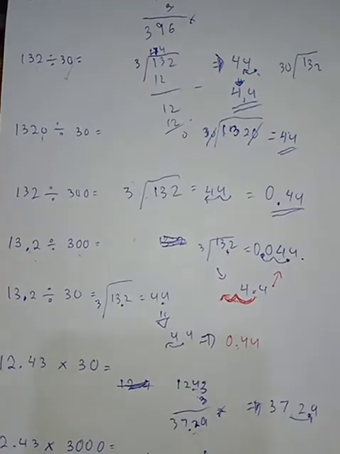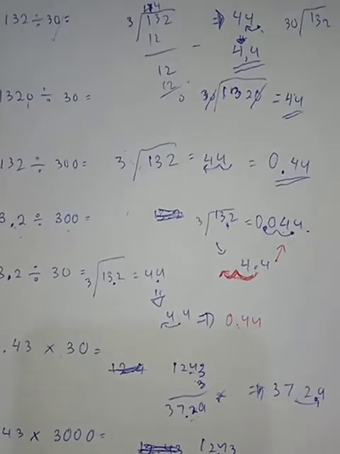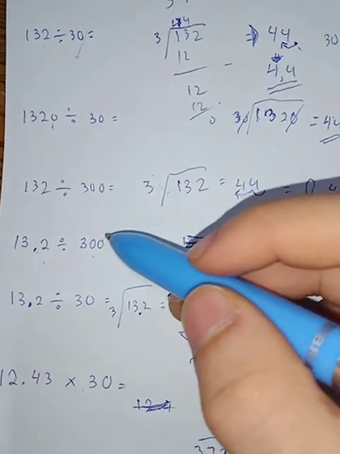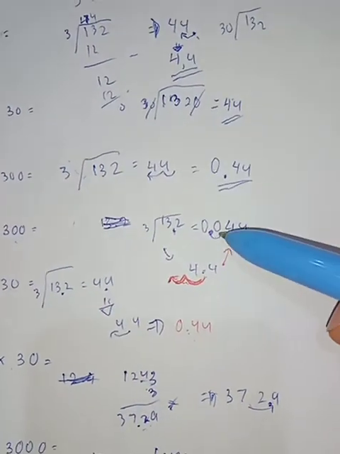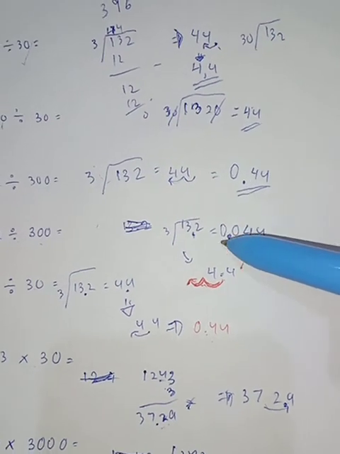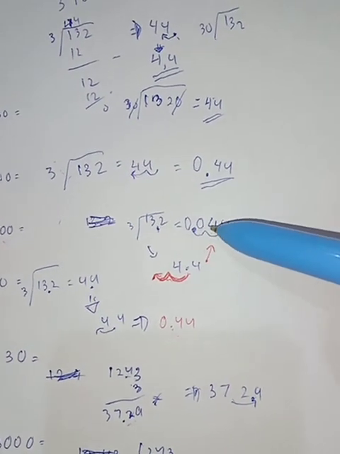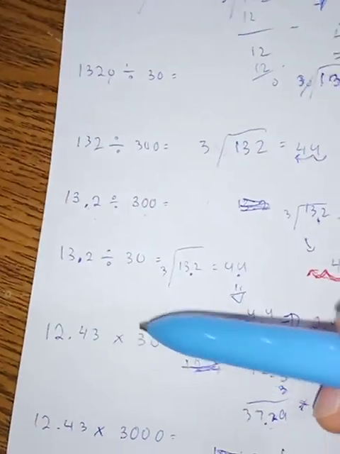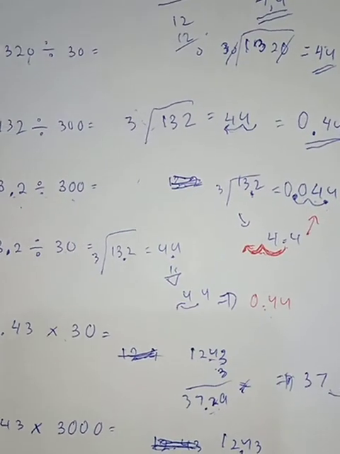Okay, that's all for the multiplication and division. So when they have zeros at the back, you do a lot of this, moving the decimal point to the right side if it is multiplication, to the left side if it's division.